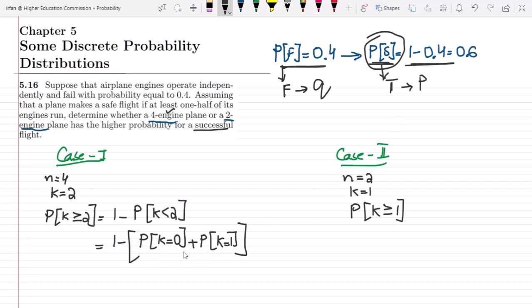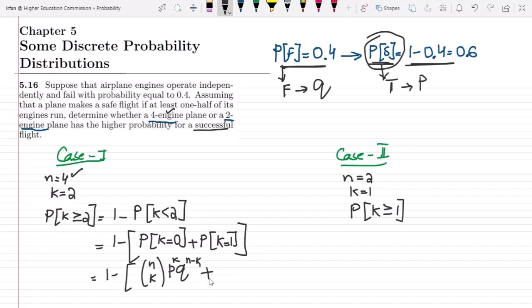Let me use the binomial probability law here: n choose k multiplied by the probability of success and q. The value of n here is 4, so n choose k, then p^k, q^(n minus k).